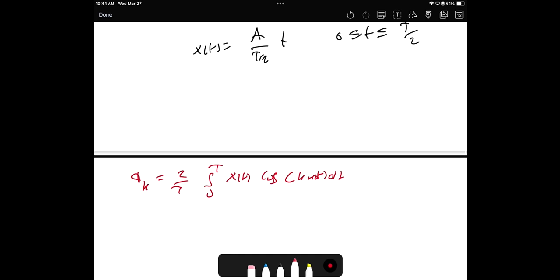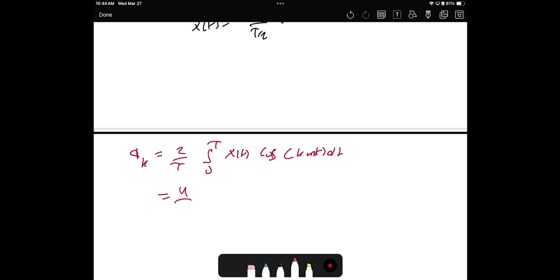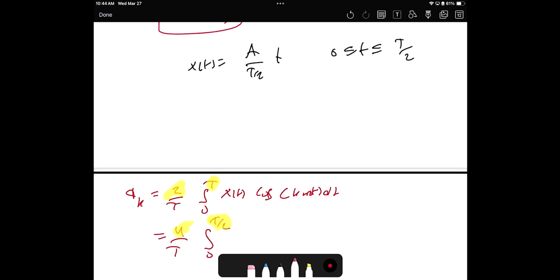Again, let's take the advantage of even, it will be 4 over T, integral from 0 to T over 2. That's what we did. X of t cosine k omega naught t dt, and we calculated x of t here.